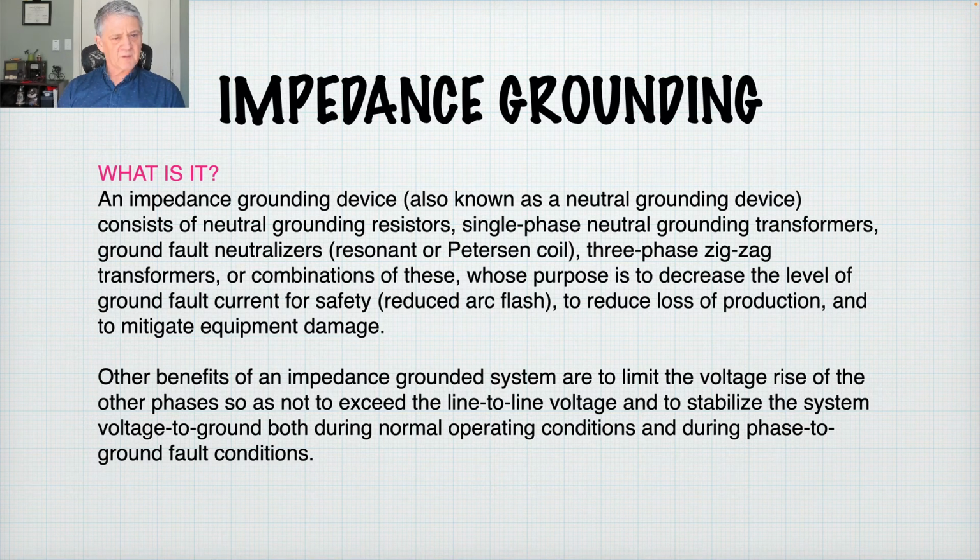Other benefits of the impedance grounding system are to limit the voltage rise of other phases so as not to exceed the line-to-line voltage, and to stabilize the system voltage to ground both during normal operations and during phase-to-ground fault conditions.